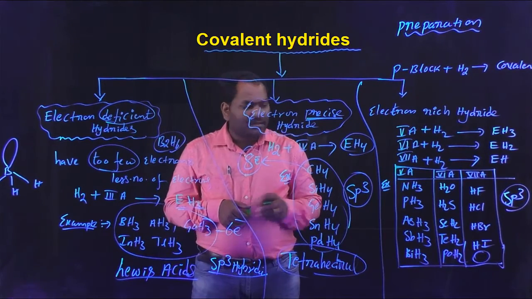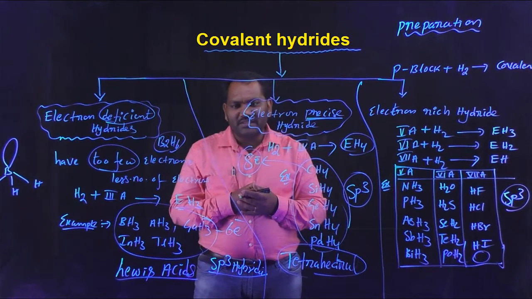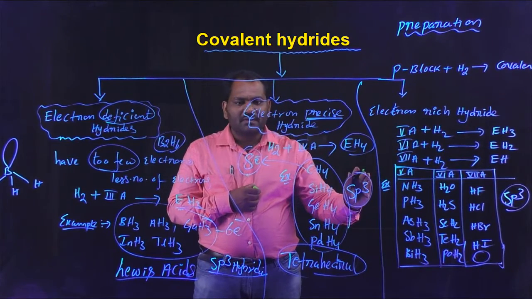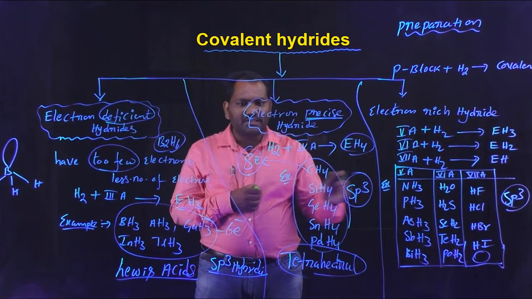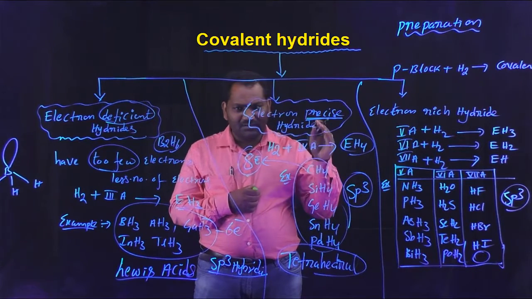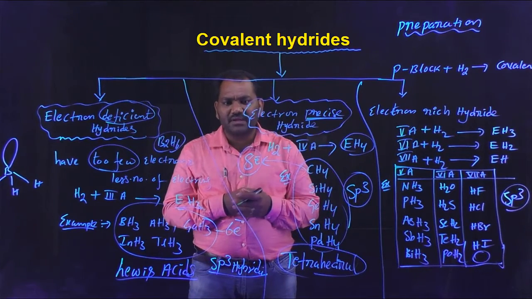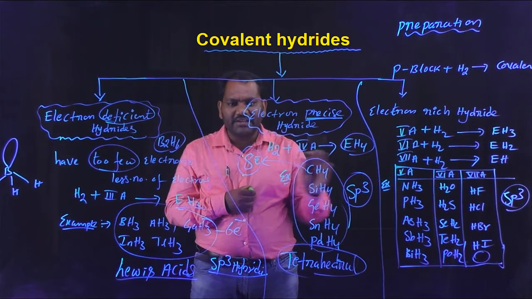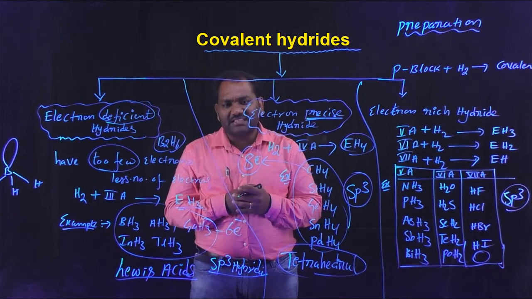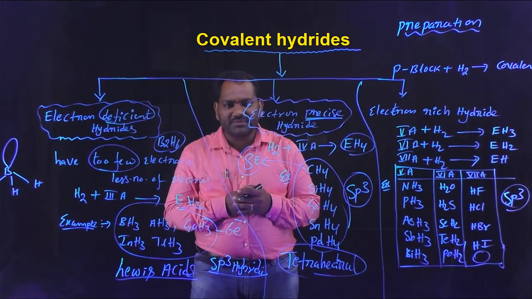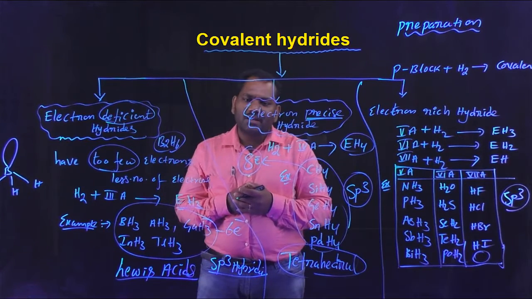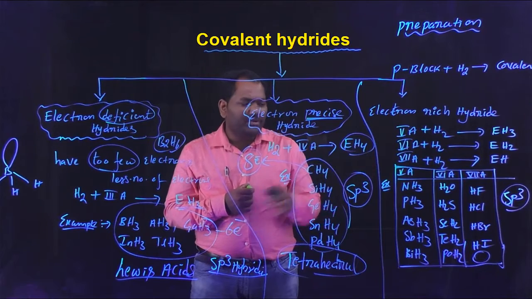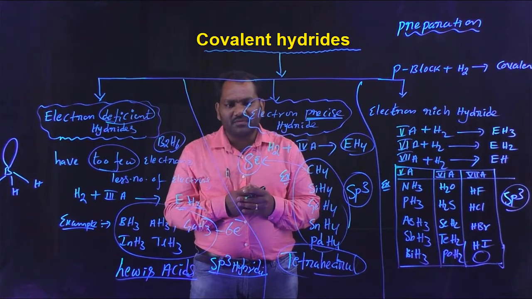Okay, the shape of the molecule depends upon the number of lone pairs and the number of bond pairs. Already it is explained in VSEPR theory, valence shell electron pair repulsion theory. In previous videos, I already explained the shape of the molecule based on lone pairs and bond pairs.